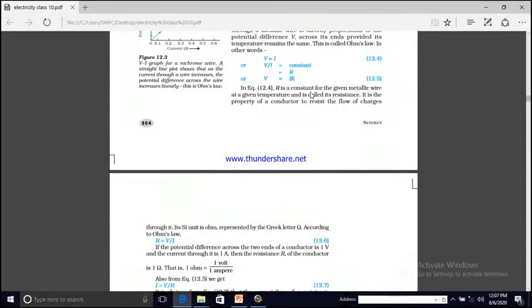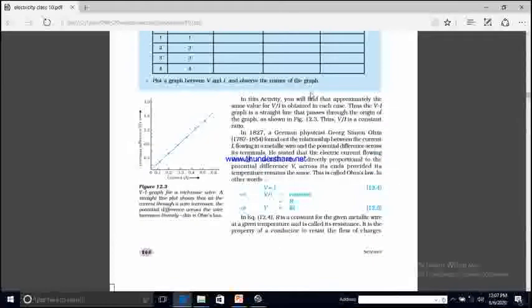In Ohm's law we already discussed that potential difference is essential for maintaining electric current in a circuit. As we increase the potential difference, the electric current also increases in the circuit.